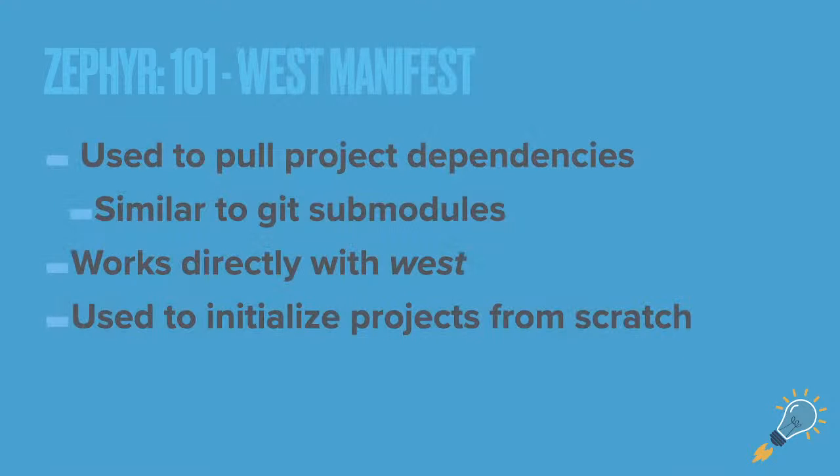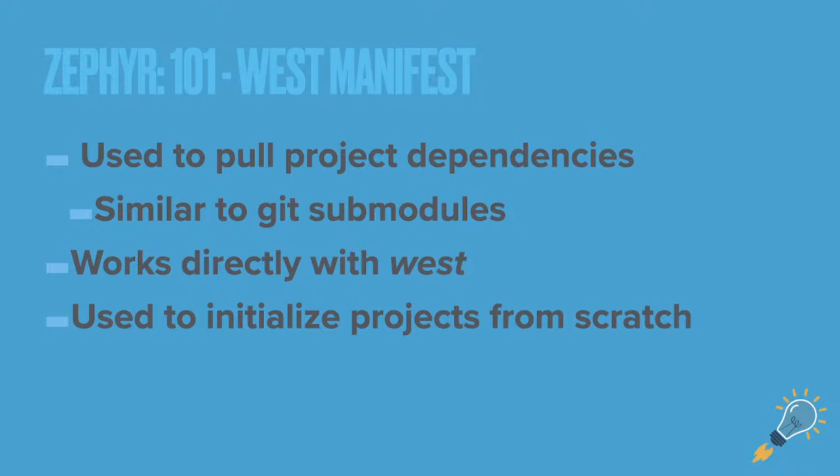So we have the West manifest, and this is essentially, if you have ever used Git submodules, a very similar concept, whereas Git manages the Git submodules. You are managing all the dependencies for your project within a YAML file called west.yaml, or .yml at the end there.